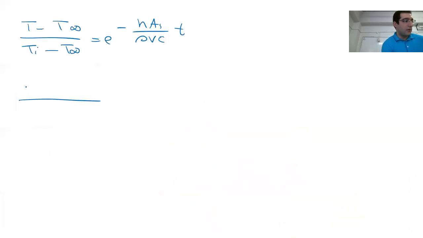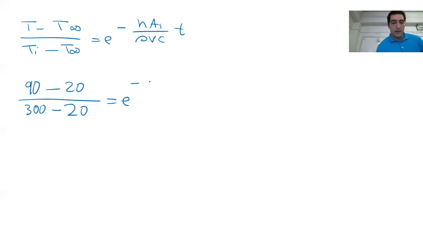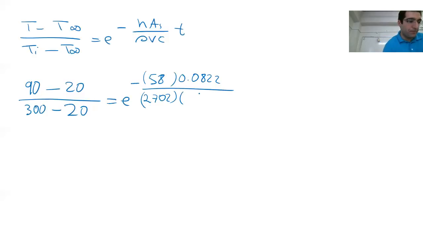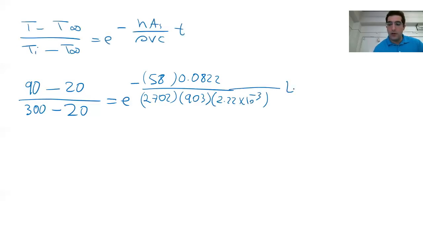Now, if I'm going to substitute the numerical values, T is 90, T∞ was 20, initial temperature was 300, T∞ is 20, e to the power of minus, h was 58, times surface area, we found it as 0.0822, density was 2702, c was 903, volume is 2.22 times 10 to negative 3, and times t.